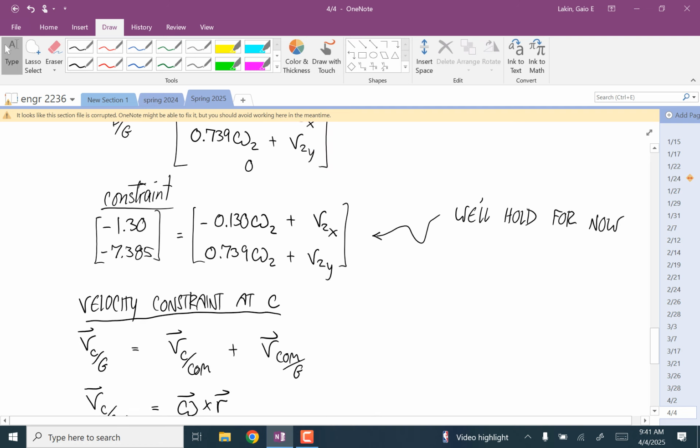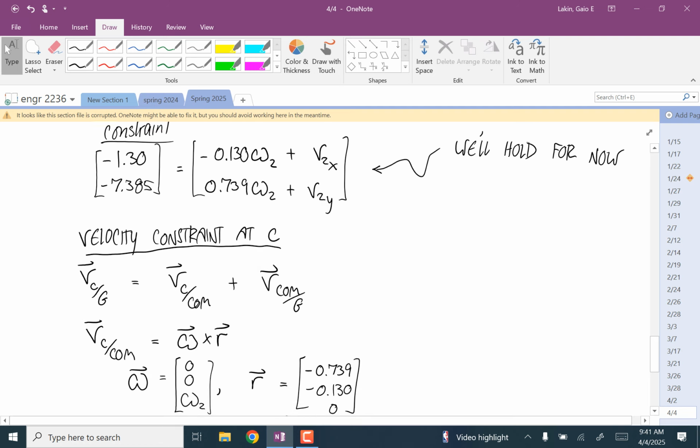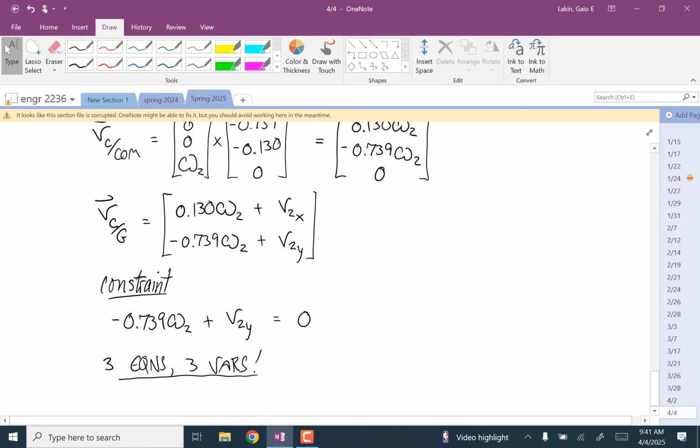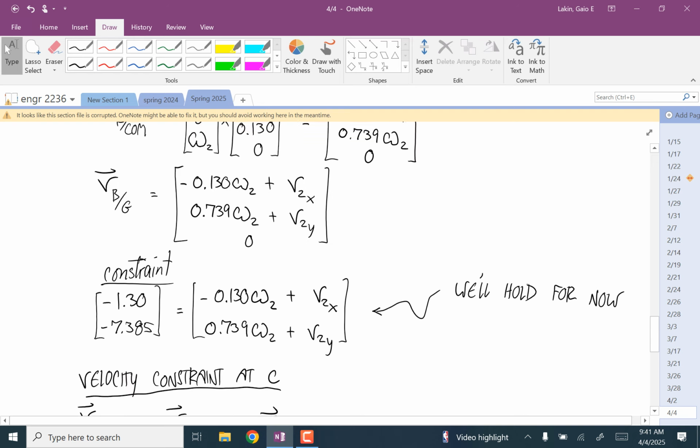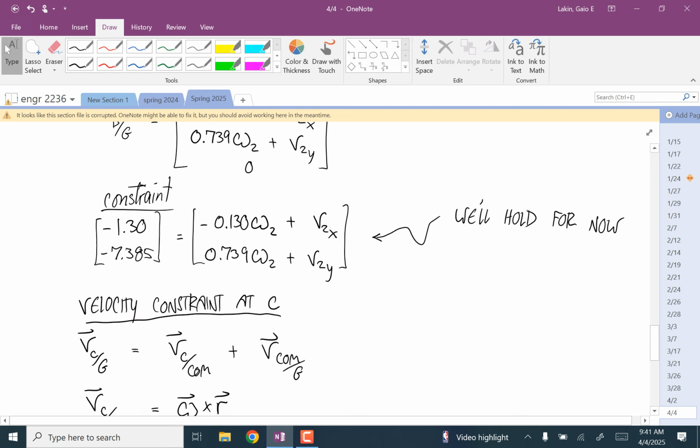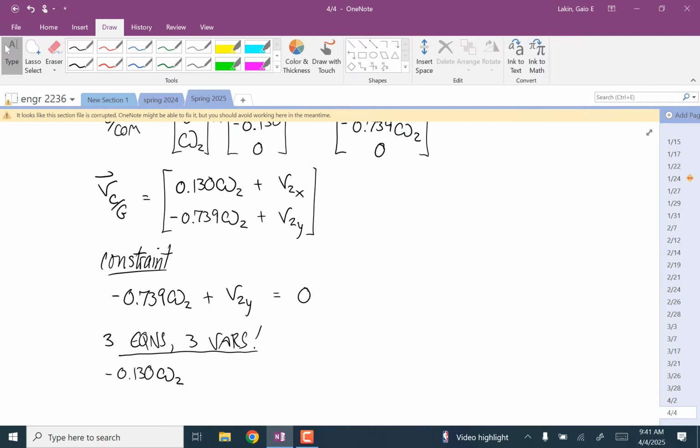So our first two, I'll write this as negative 0.13 omega 2 plus V2x is equal to negative 1.30.